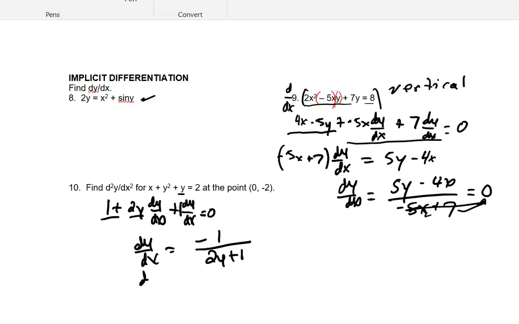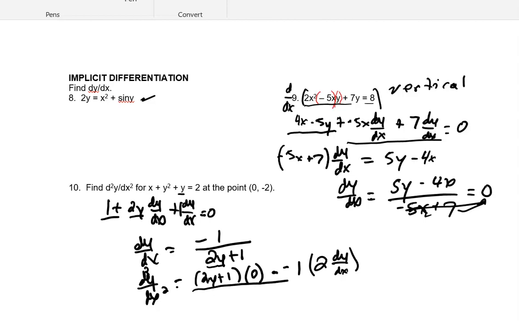To take the second derivative now is just the derivative of that. So it's a quotient rule: 2y plus 1, and then the derivative of your numerator, which is going to be a 0. Then we would subtract, you'd leave your numerator alone, and then the derivative of your denominator is 2 and then dy/dx.